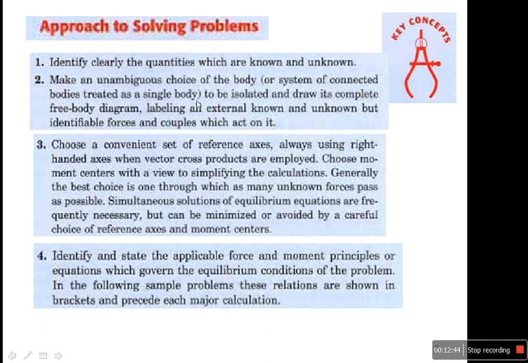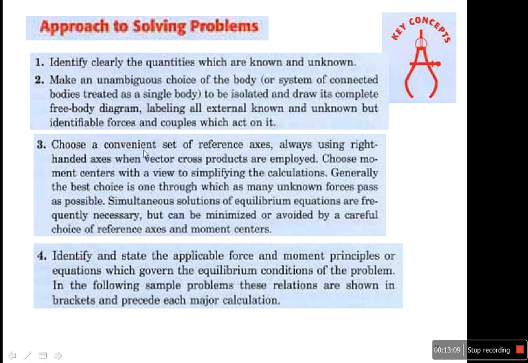I need to choose the body under study and draw its complete free body diagram, and then I put all the forces and the moments.